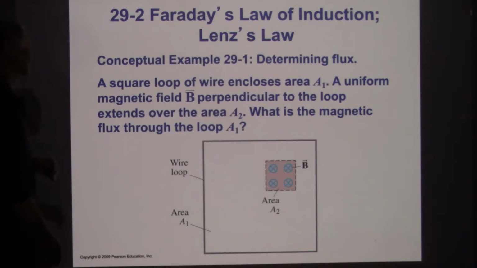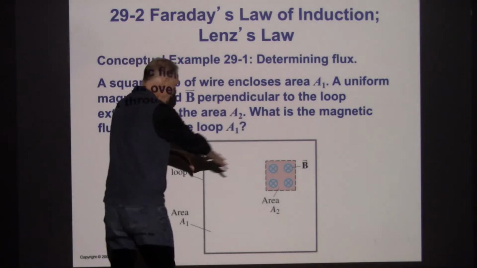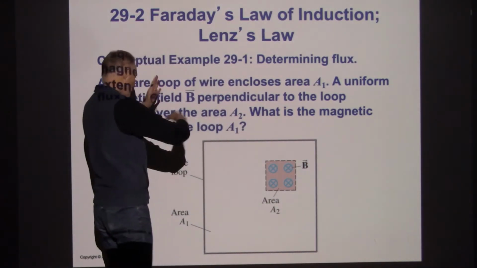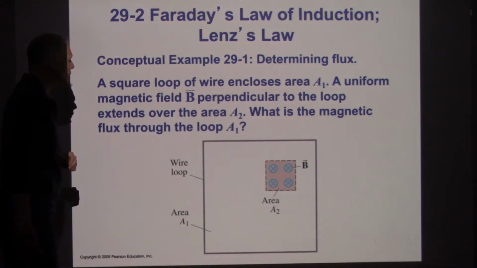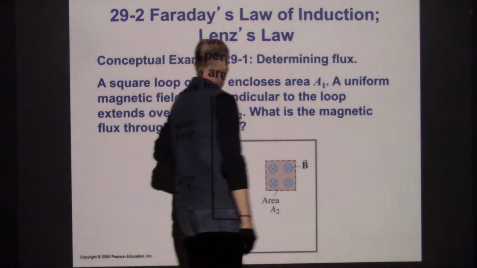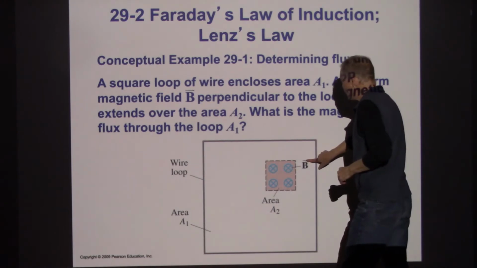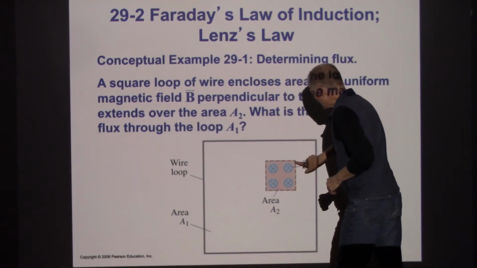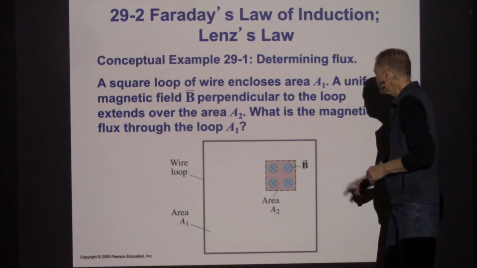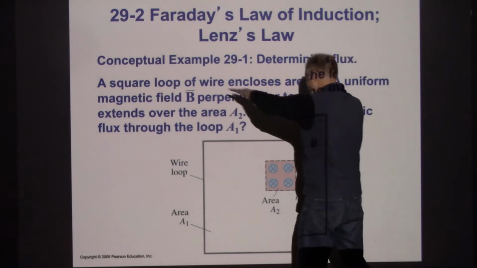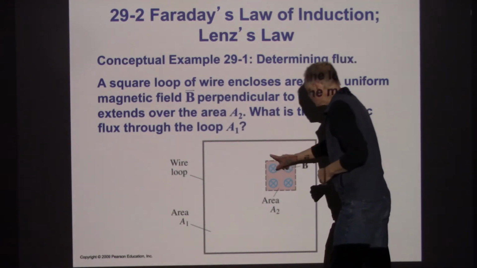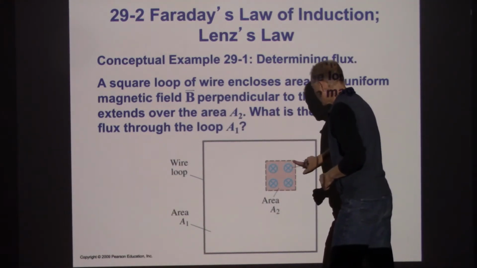Let's do a flux calculation real quick. So let's say that we have a region where we have a wire surrounding a magnetic field region, and we want to find out how much flux there is. So the question is, I've got a magnetic field, but the magnetic field is only passing through this area. So when I calculate flux, should I take the magnetic field times the entire area of the circuit, or should I just take the magnetic field going through this area?